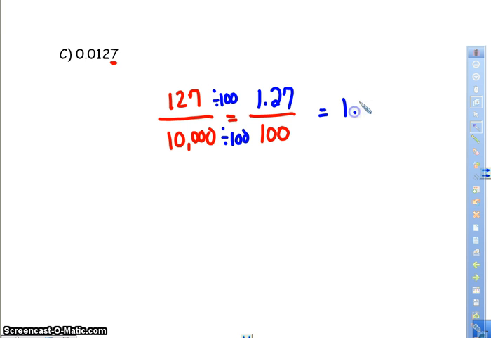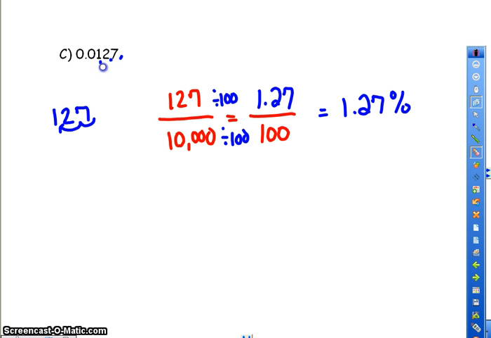So our percent would be 1.27%. Another way to think about it, I can move that decimal over 2 places, 1, 2, and that would give us 1.27 as well. Oops, I'm showing you the wrong direction here. Move it back over 1, 2.